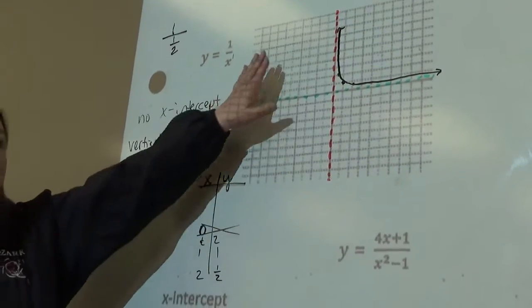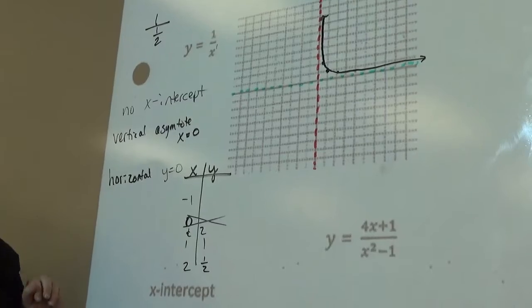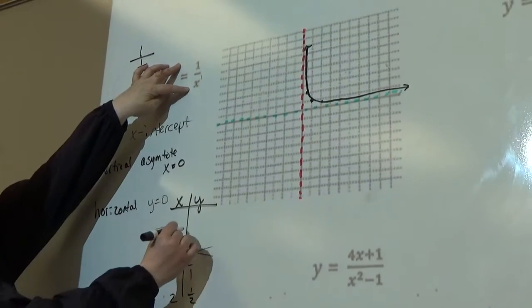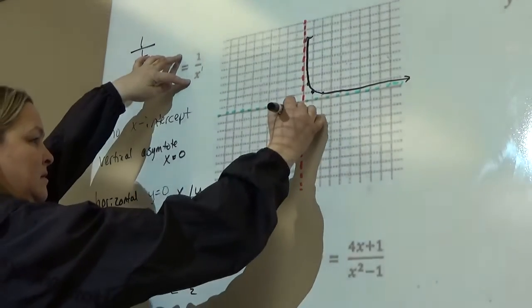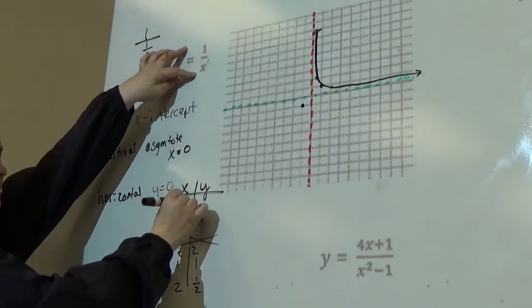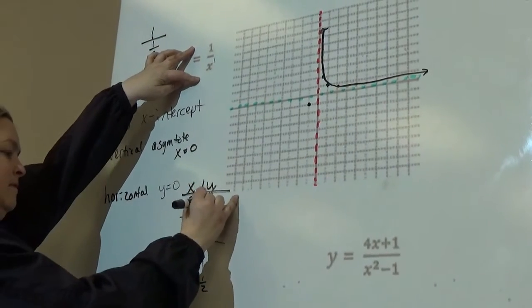Okay, let's try some numbers on this side of the graph, like -1. 1 over -1 is -1. Try -2. 1 over -2 is -1/2.